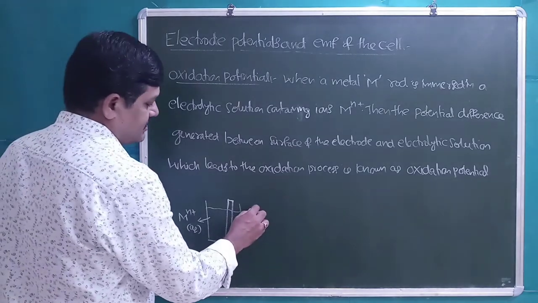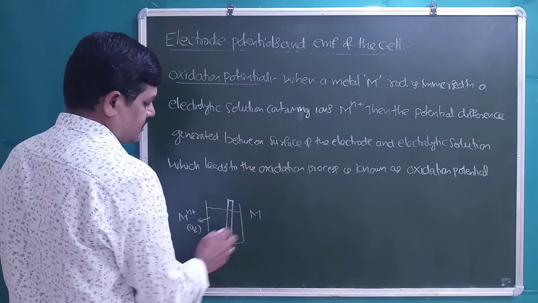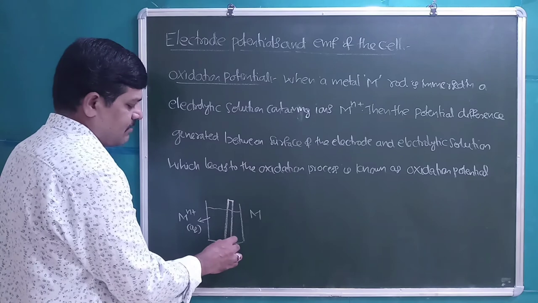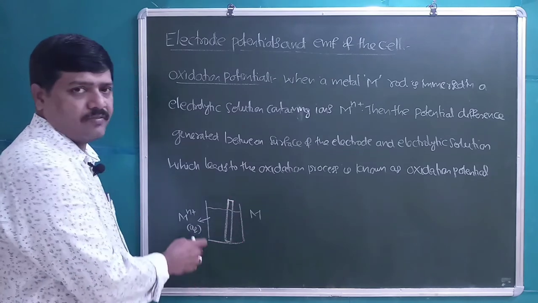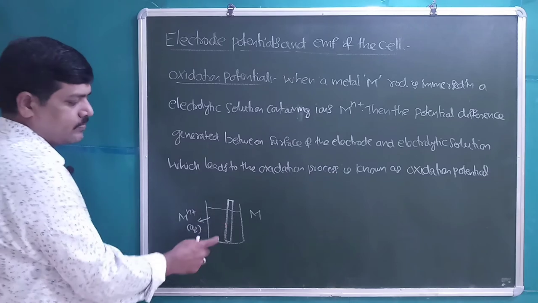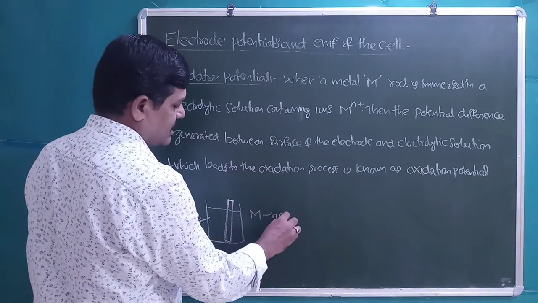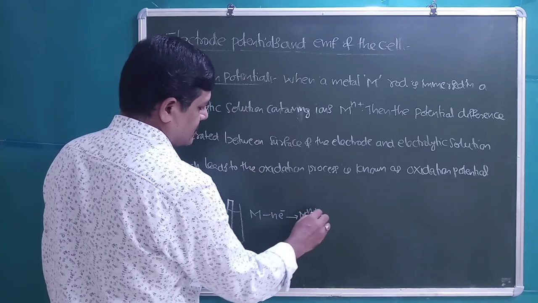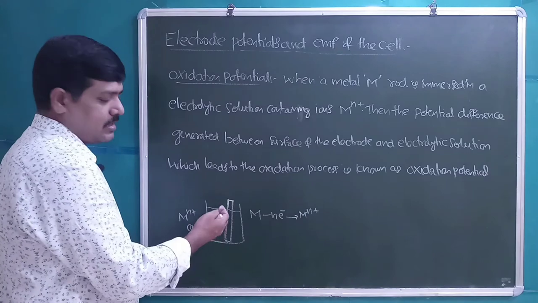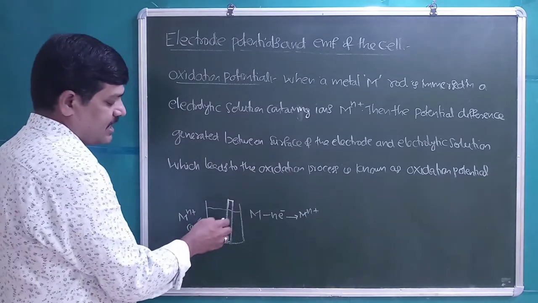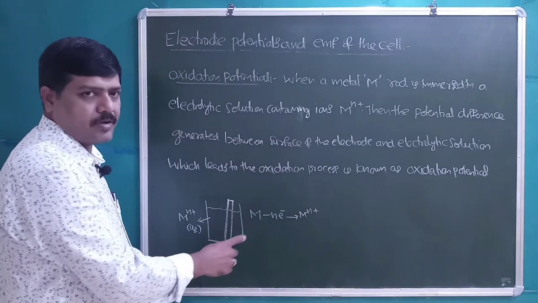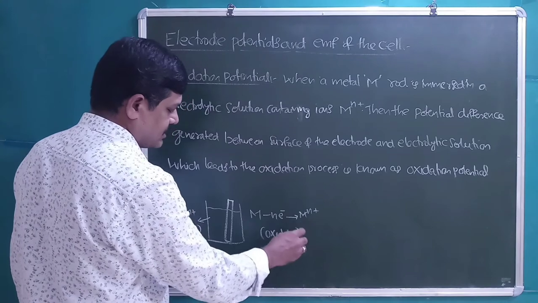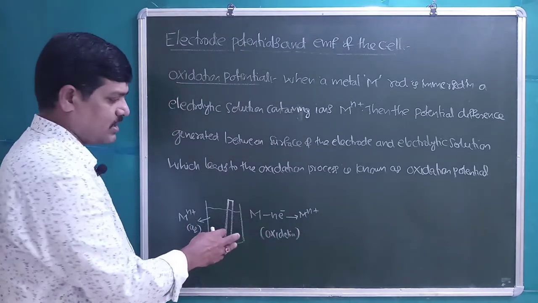Then the metal has a natural tendency of losing electrons. M gives rise to Mn plus. The potential difference which is generated leads to the oxidation process. Loss of electrons, we can call it the oxidation process. That is called oxidation potential.